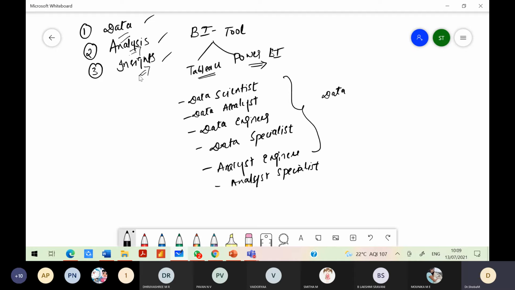And all these insights especially will be in the form of visualization, right? So data visualization is very, very important because the clients with whom you deal need not be technically sound. They might have some knowledge or no knowledge at all with respect to the technology.